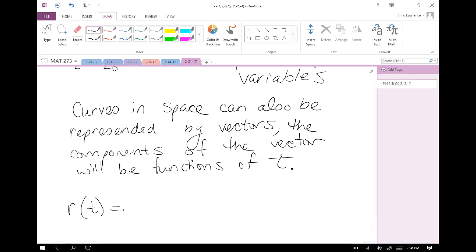And we're going to see r of t over and over and over again for the rest of the semester as representing a position function. And it's got components that are all functions of t, and they could be anything. For lines, they're all linear functions.